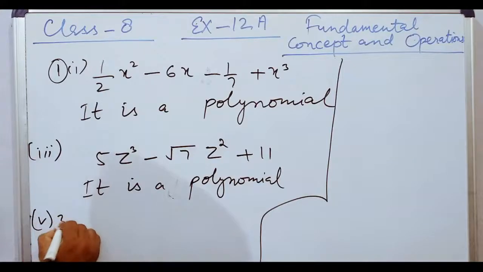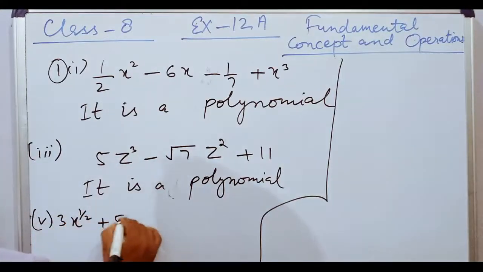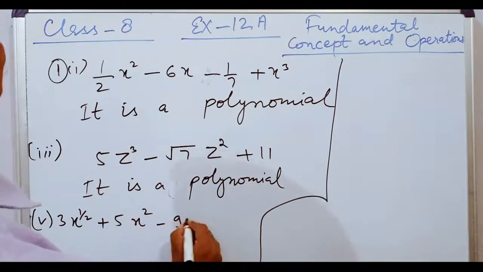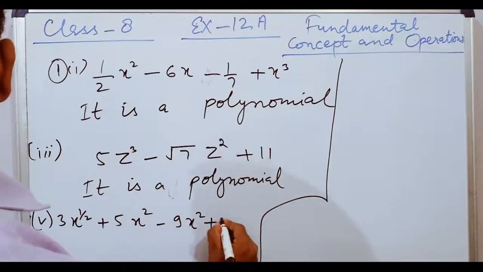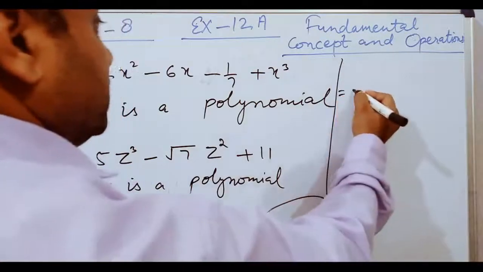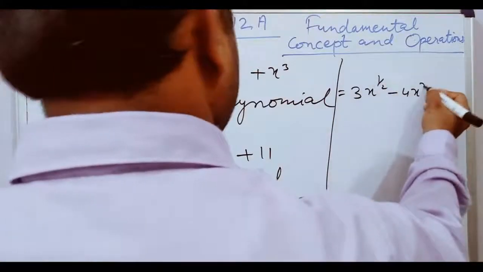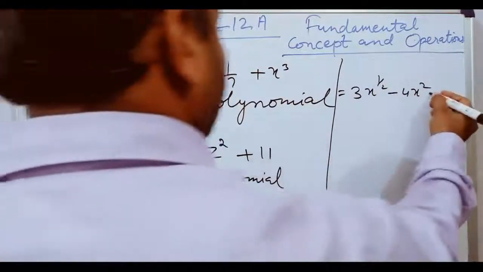Fifth part, 3x to the power 1 upon 2 plus 5x to the power 2 minus 9x to the power 2 plus 7. When we simplify it, then 3x to the power 1 upon 2 minus 4x square plus 7.